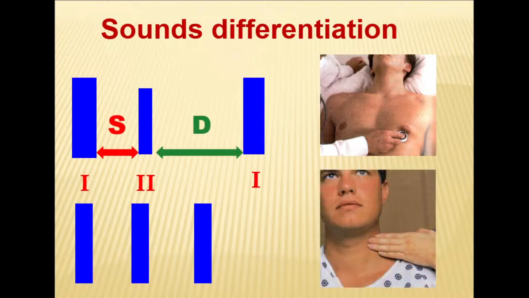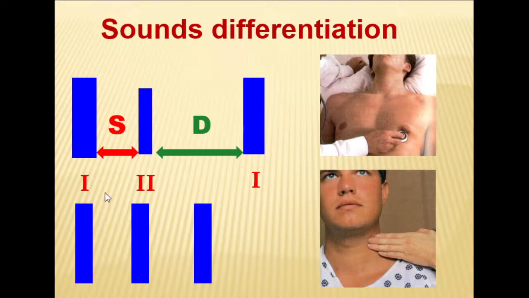I want that you remember because it is obligatory action. You put stethoscope over heart auscultative point, left hand obligatory place on the neck to palpate carotid artery. With this action, you show that you clearly understand and differentiate first and second sound.